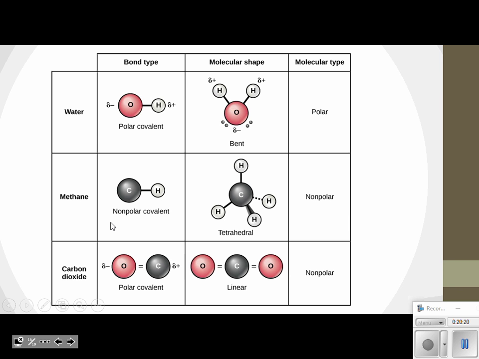Are my numbers right? 2.55 and 2.2, so it'd be 0.35. So we would classify this as a polar covalent bond, but yet the molecule would be nonpolar.